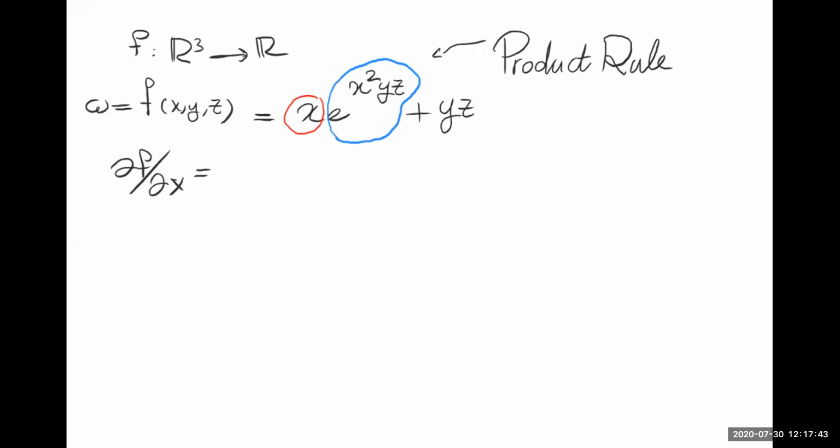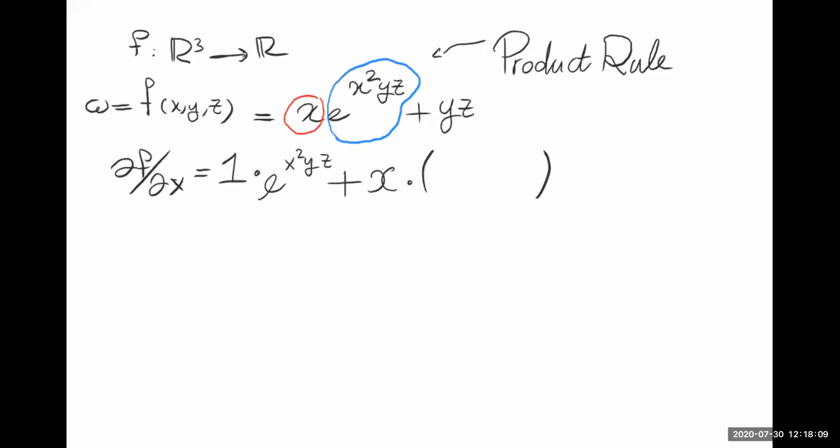What does the product rule say? It says the derivative of f with respect to x would be the derivative of the first function, here the derivative of x is 1, times the second function, plus x times the derivative of the second function.